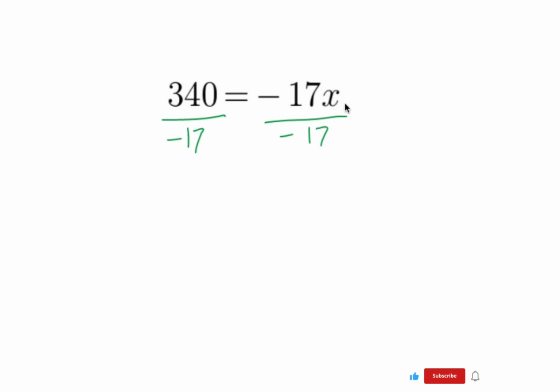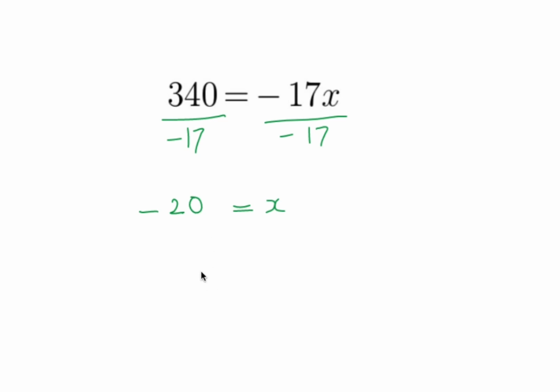This is very important. Don't divide by positive 17. No, because here there is a minus, and we want to remove that minus also, because we want to find the x value. So minus 17 divided by minus 17, we get x, and 340 divided by minus 17, the answer is negative: 17 times 2 is 34, and 0.